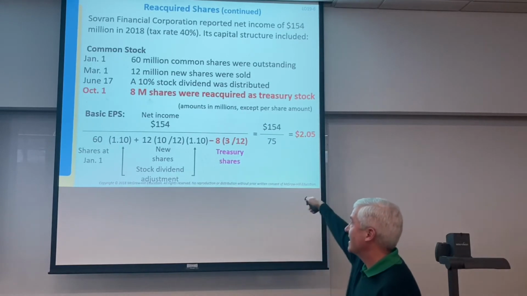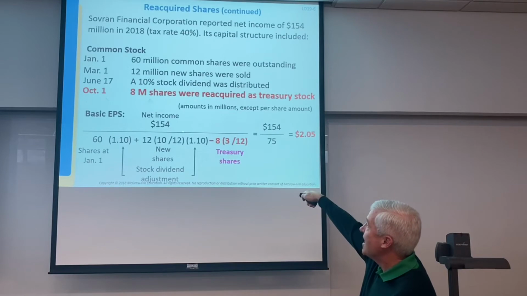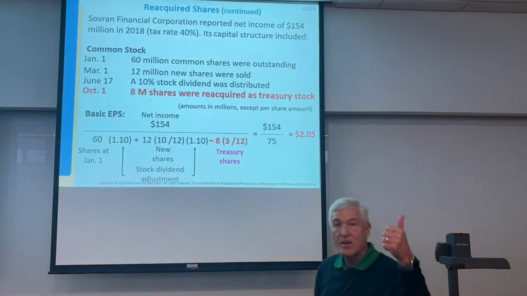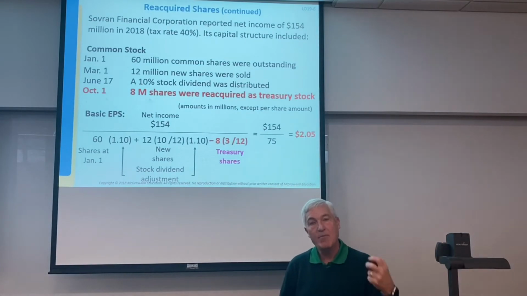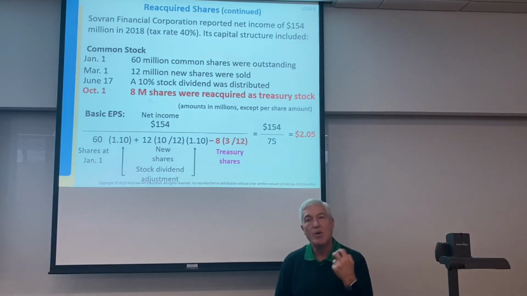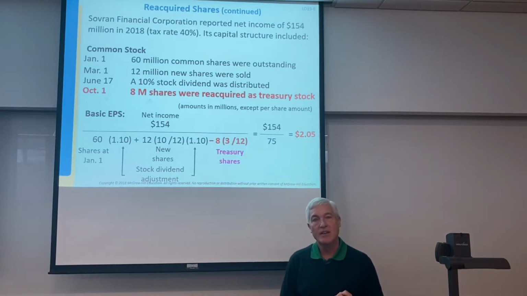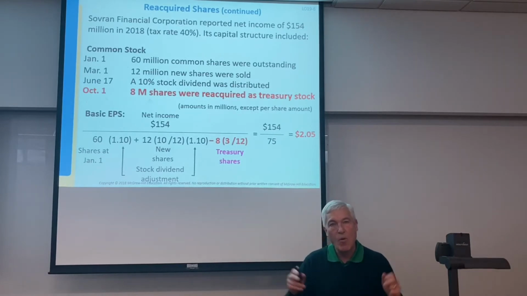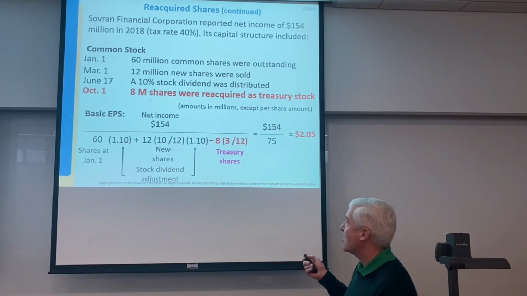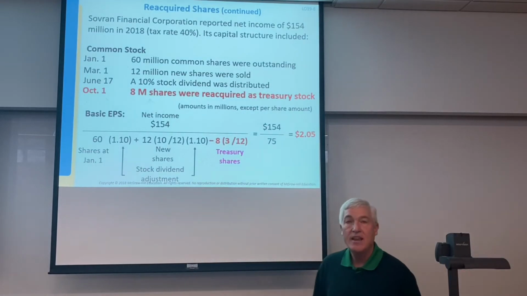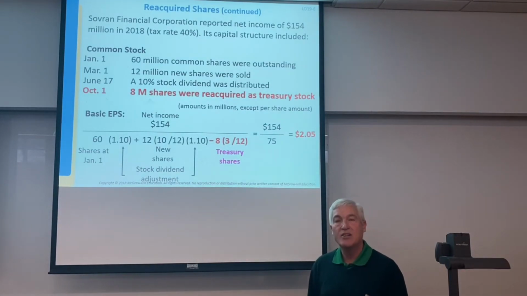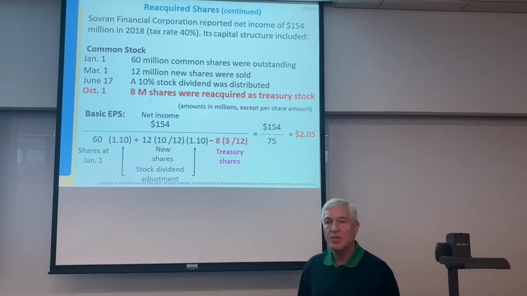So let's look at the weighted average. From October, November, and December, we had 8 million fewer shares outstanding, but only for 3 months, not for the full year. And we're doing a weighted average, so we're going to take minus 8, the 8 million, and we only reduced those outstanding shares for the last 3 months of the year, not for the full year.